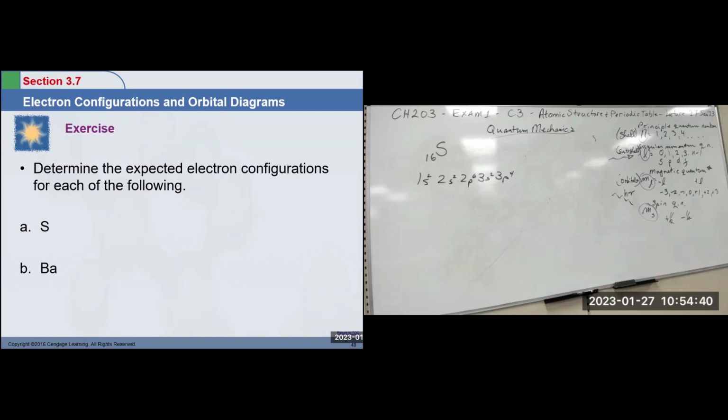So 3p, 4 gives you sulfur. That's the last orbital in the group. And if you know how the table is set up, you know that you've got to have a 1s2, a 2s2, a 2p6, a 3s2, and a 3p fourth. So you can use the periodic table to draw the electronic configuration.